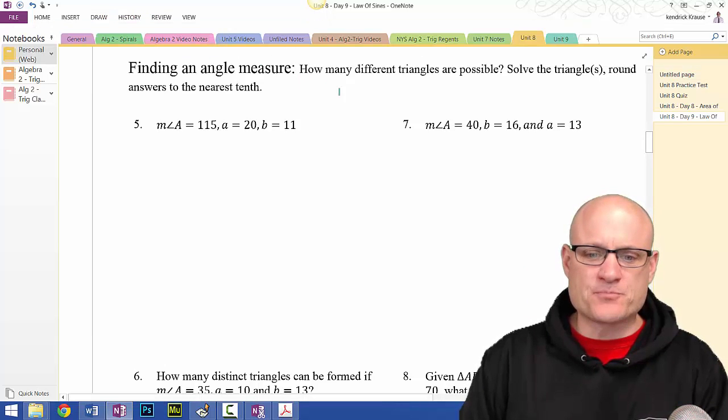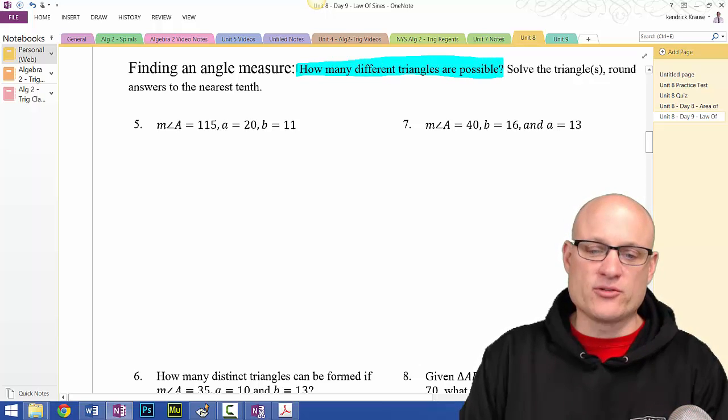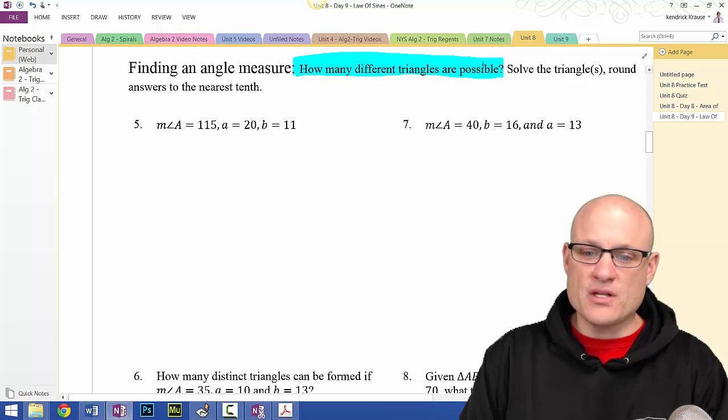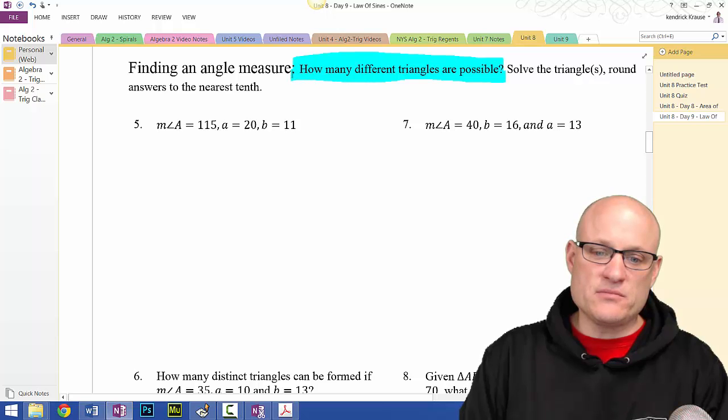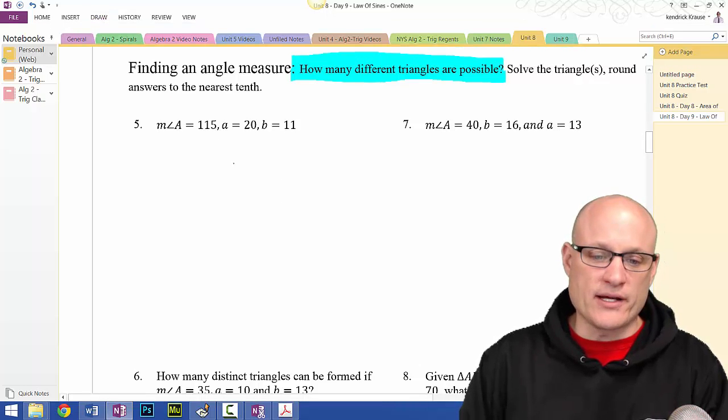Let's see what's weird. How many different triangles are possible? What? Isn't a triangle just a triangle? Well, before I get into this, let's talk a little bit. Let's look at triangles. This triangle is called an acute triangle.